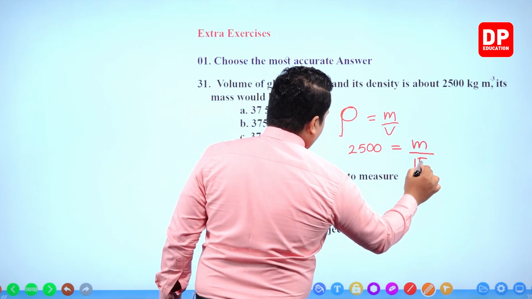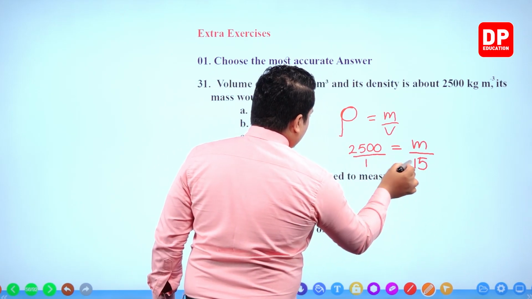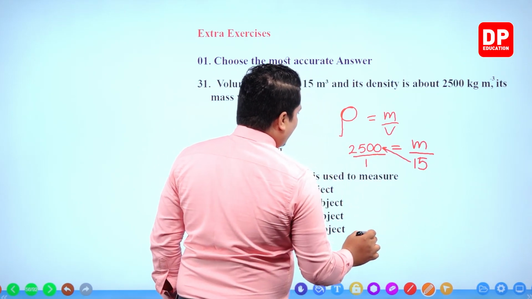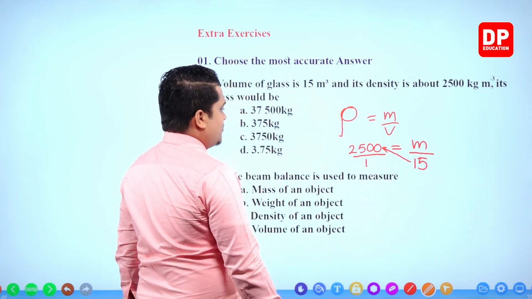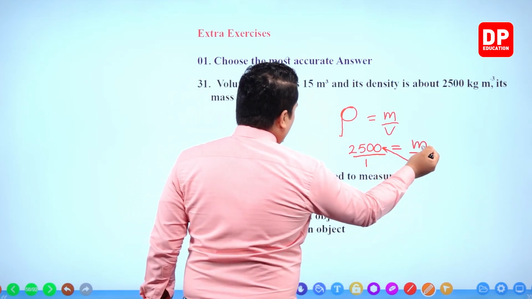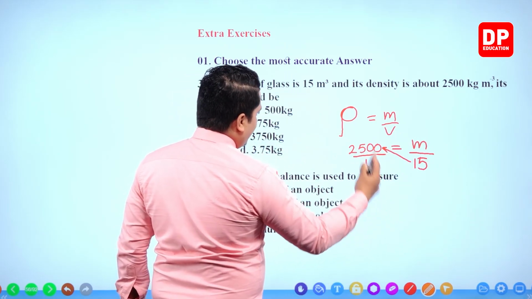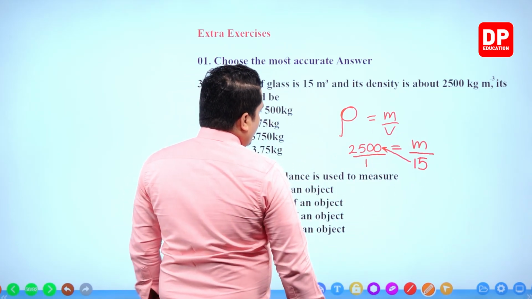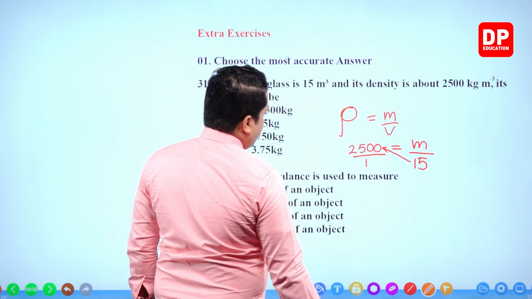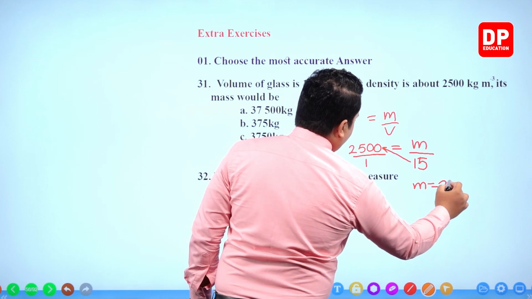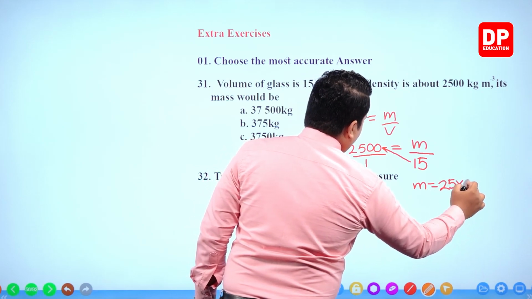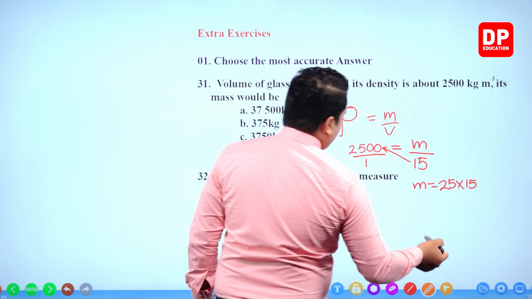Volume is given as 15. Now you do the cross multiplication, my dear children. When you multiply m by 1, the answer is m. So when you multiply 25 by 15, let's see the answer. So m is equal to 25 times 15.